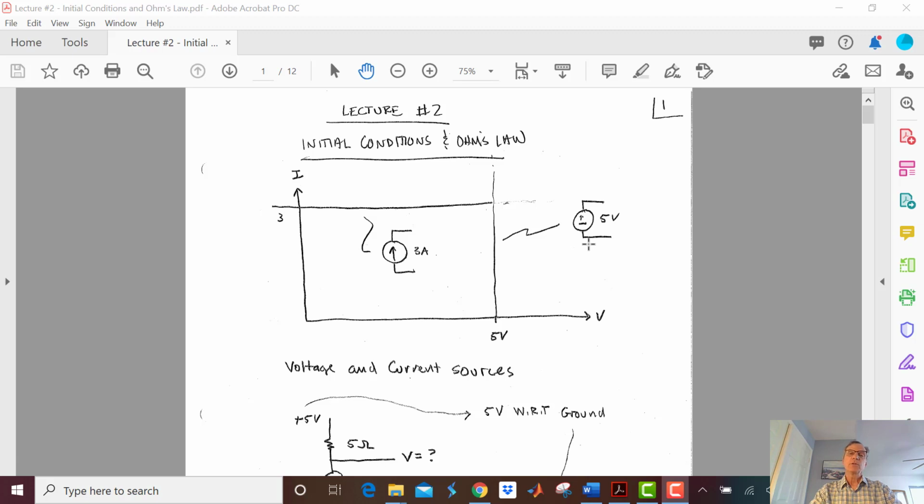Now, what a voltage source does, if we look at it intuitively or verbally, is that the voltage source will put out whatever current it needs to maintain, in this case, 5 volts at the output.